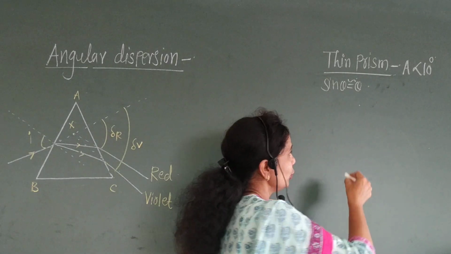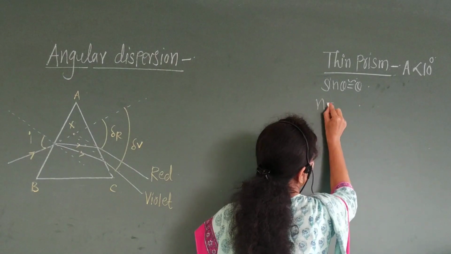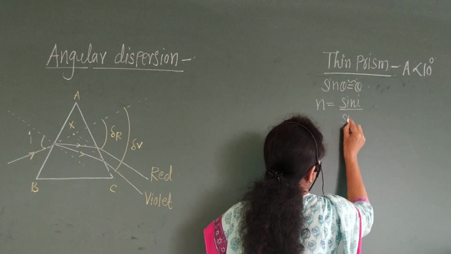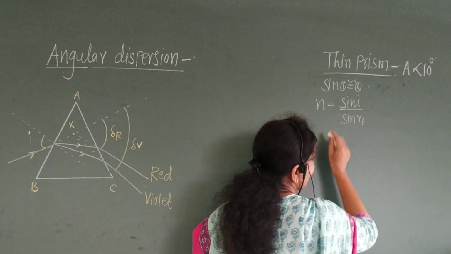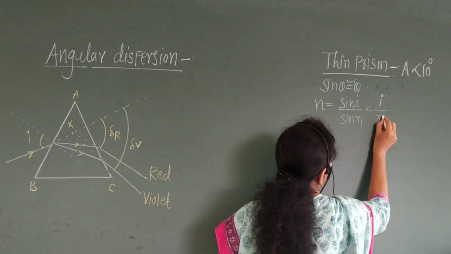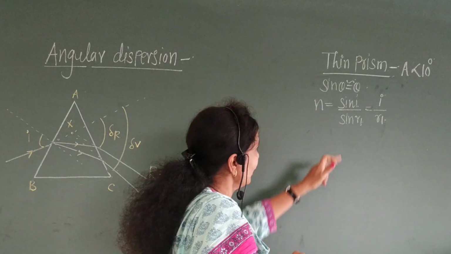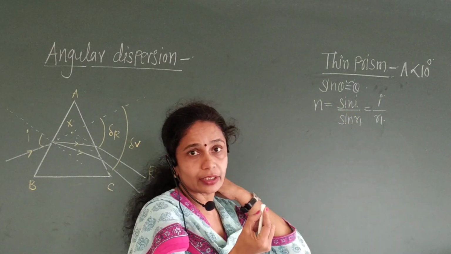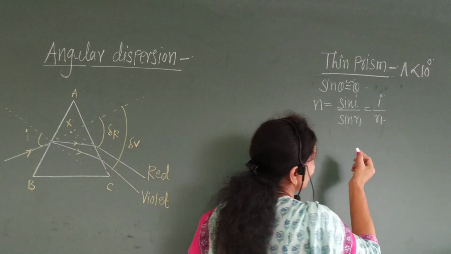According to Snell's law, n is equal to sin I upon sin R1. Therefore this becomes I upon R1, because sin I is nearly equal to I and sin R1 is nearly equal to R1.